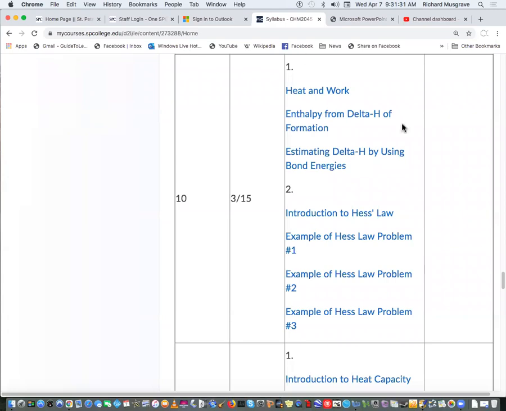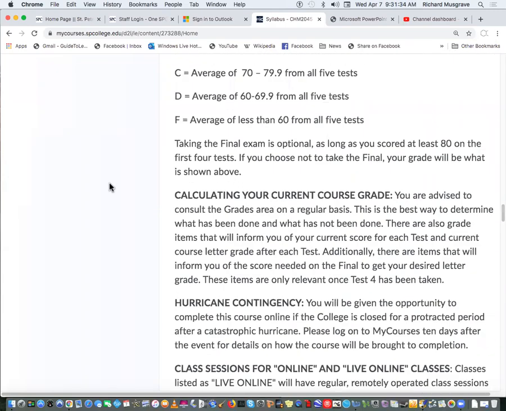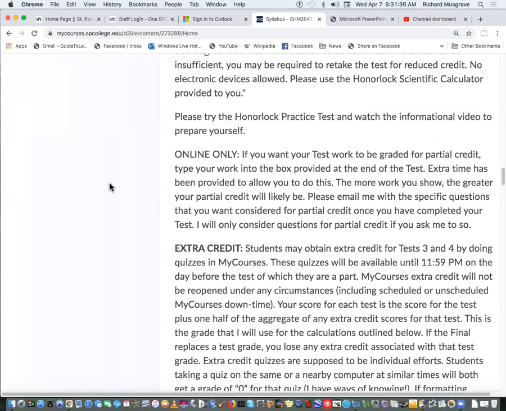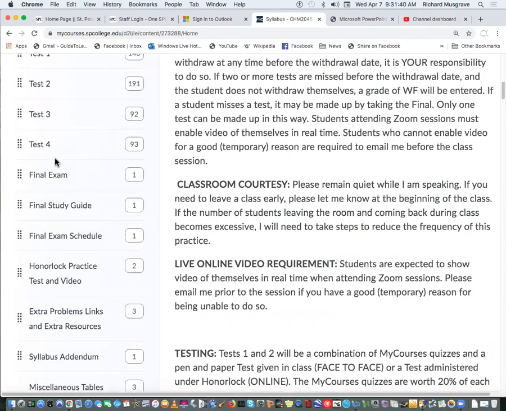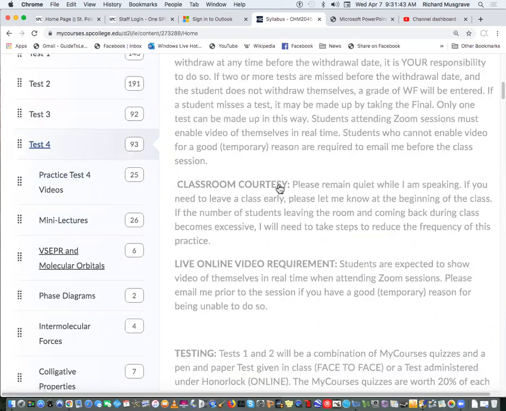Now, the Lewis structure thing is something that we've already been working on. Let me go ahead and download the notes here.